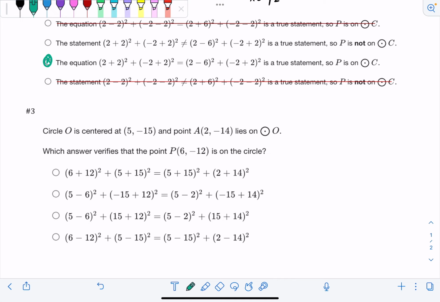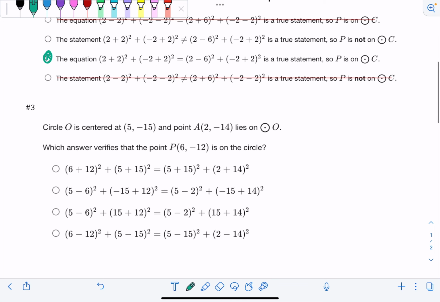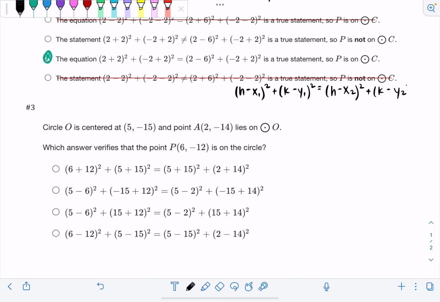So I'm going to rewrite that long formula so we have it here. So it was h minus x1 squared, and then plus k minus y1 squared equals h minus x2 squared, and then plus k minus y2 squared.